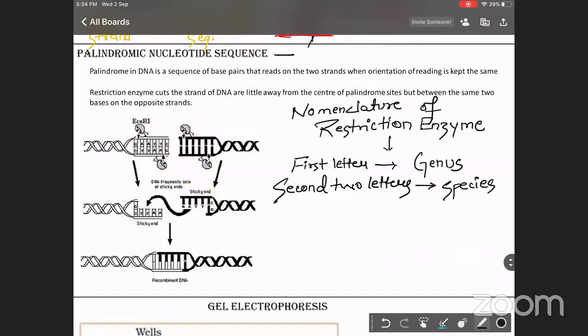So the first letter belongs to the genus, the second two letters belong to the species, and the other letters belong to the order in which they are discovered.